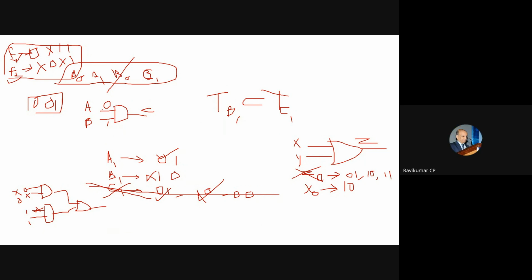See, in Karnaugh maps, if I take this Karnaugh map, suppose I have a 1 here and a 1 here, and 1 here and 1 here. You could take these two and you could take these two.